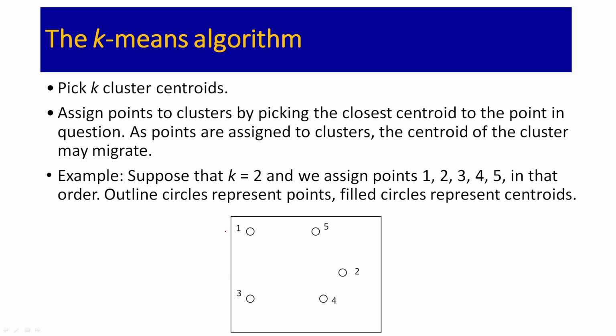So, let us talk about what the K-means algorithm is. This is the first one, centroid based clustering. We take K cluster centroids. You can see here there are 5 points, and what do we do? Suppose K is 2. K is a number, and it can be assumed to be anything: 1, 2, 3, 4, 5, 6. Now, how do you do that? You simply put K as 2.